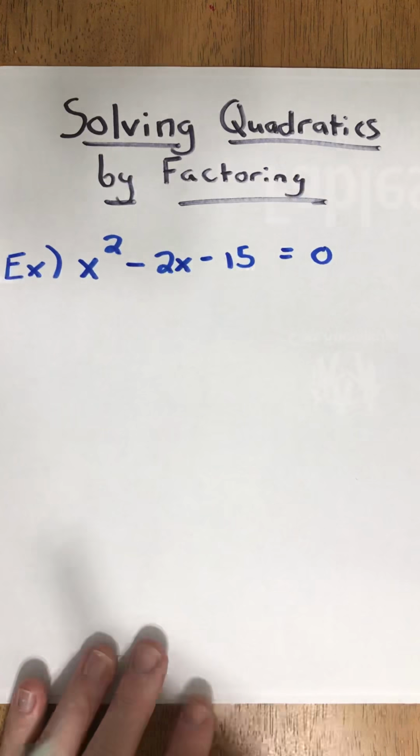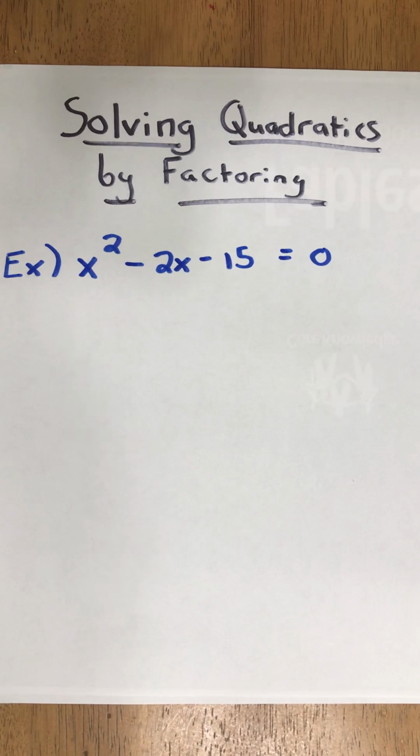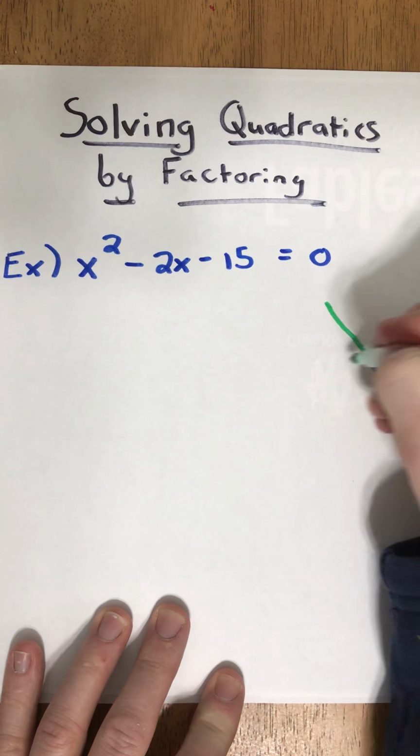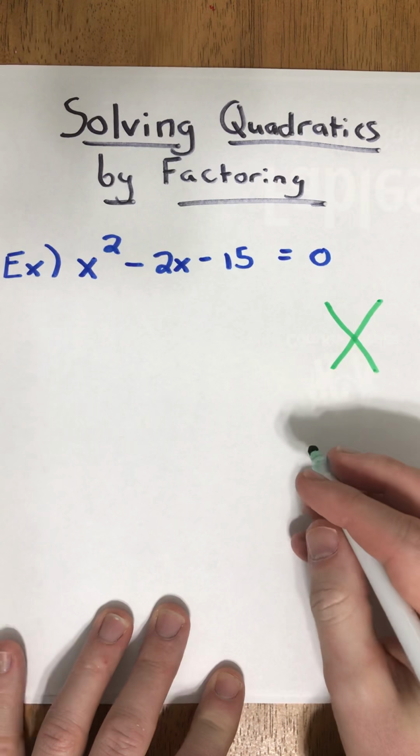So in this particular example, we are solving for x. We have x squared minus 2x minus 15 is equal to 0. The way we're going to solve this is by factoring, which we did all last unit. This is clearly a trinomial, and it has a coefficient of 1. So this is where I do that x method off to the side here.